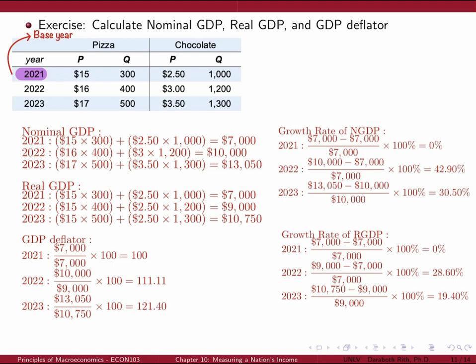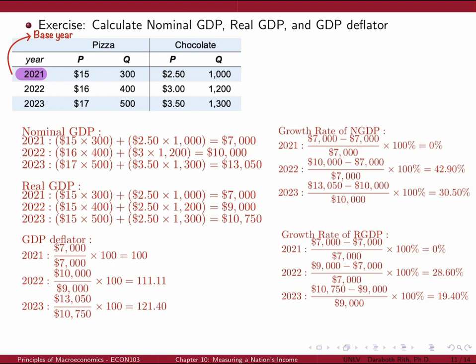For year 2021, price of a pizza $15, quantity of pizzas 300, price of a chocolate $2.50, quantity of chocolates 1,000. Nominal GDP, you take $15 times 300 plus $2.50 times 1,000, that equals $7,000.